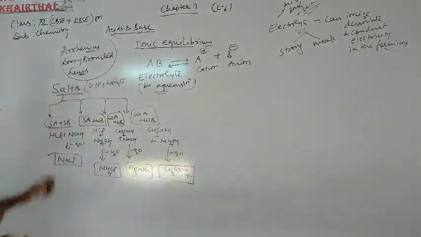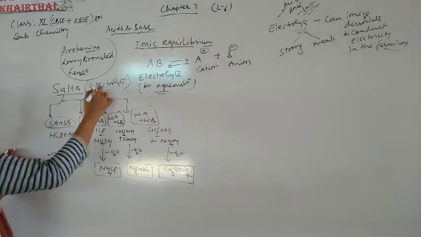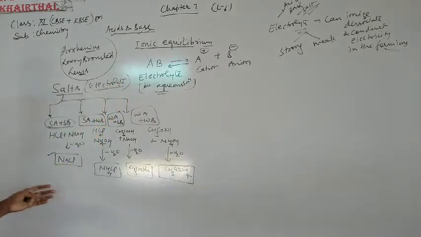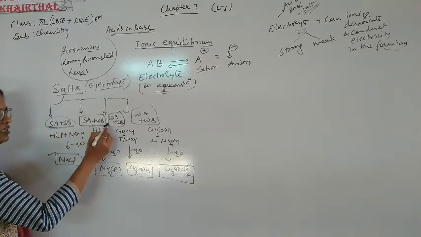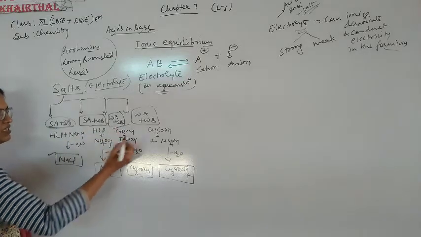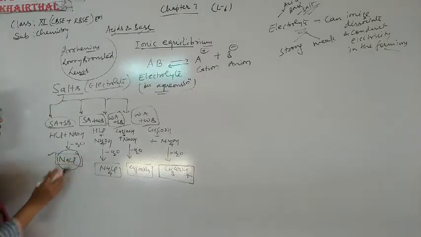Clear? So salts are of 4 types. It may be formed by strong acid and strong base, strong acid and weak base, weak acid and strong base, or weak acid and weak base.